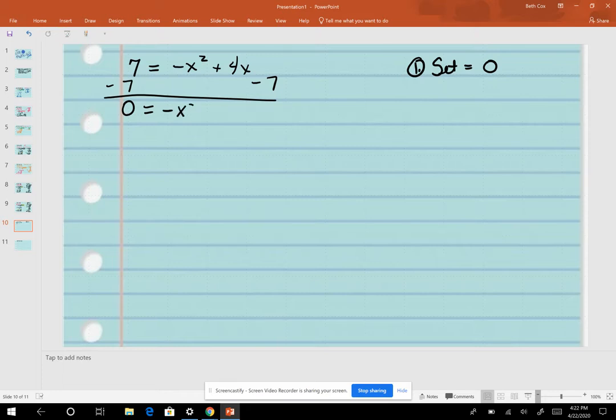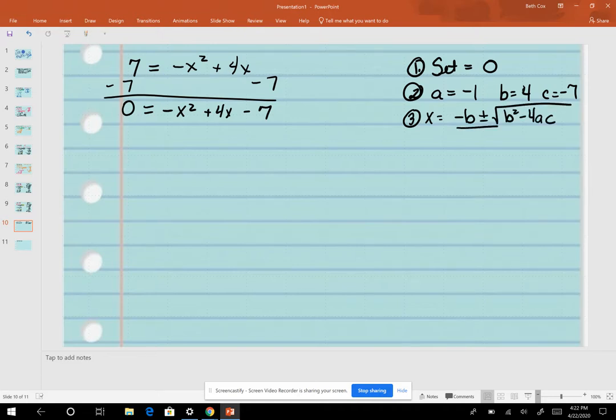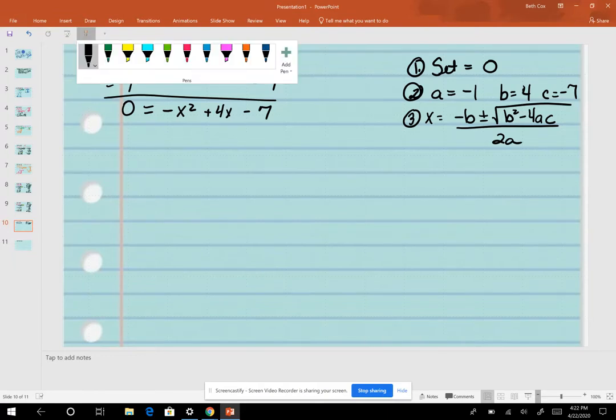So we got a negative x squared plus 4x minus 7. My a is negative 1. My b is 4. My c is negative 7. Okay, put in my formula. Memorize that formula. If you write it down every single problem, you will memorize it. Okay, so now here we go.